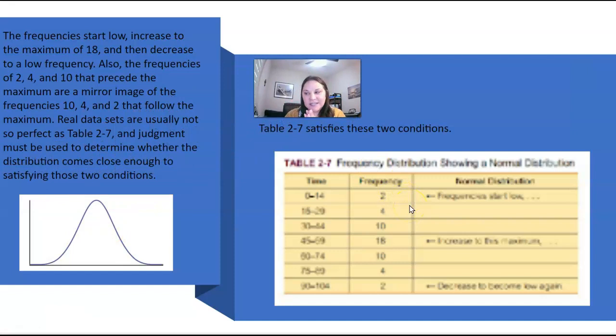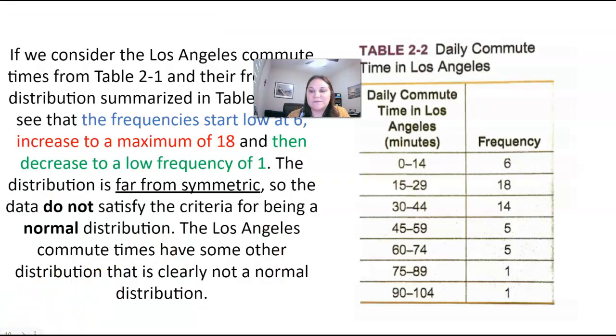Again, I apologize, I don't know why these are coming up so blurry, but what you see here is 0 to 14, 15 to 29, 30 to 44, and the frequencies are symmetric. So there's 2, 4, 10, 18, there's another 10, there's another 4, there's another 2. So this is what a frequency table would look like that was displaying a normal distribution.